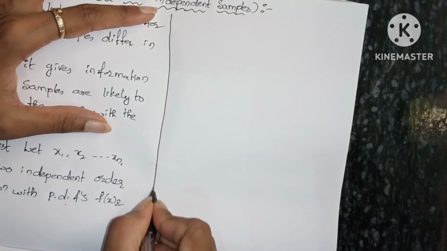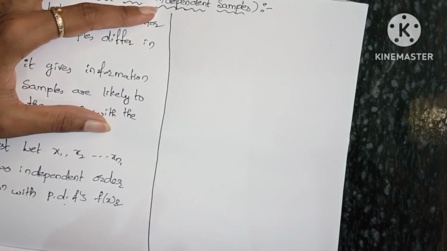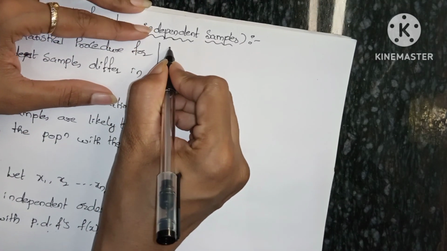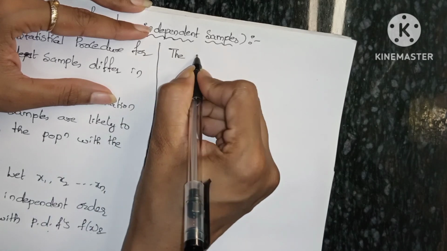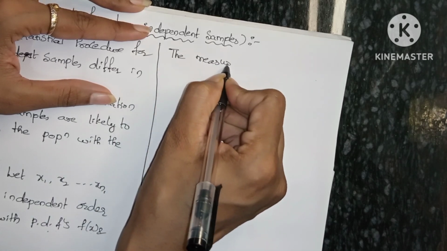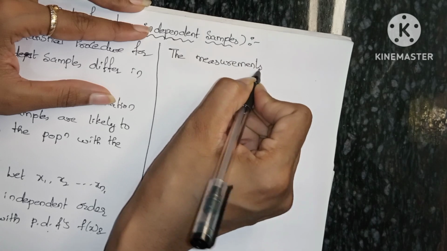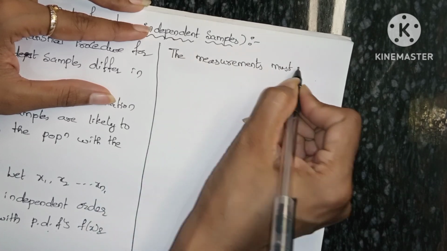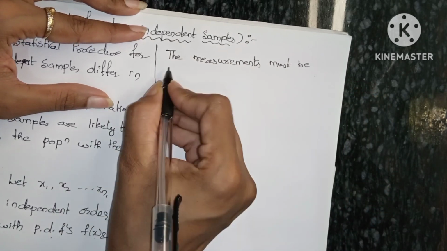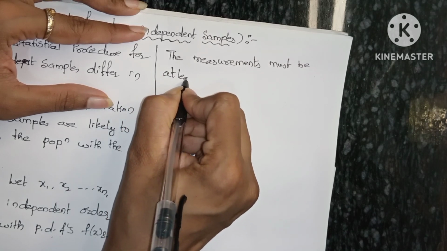So first, they have the same probability density functions. Okay, and next, the measurements must be at least ordinal.